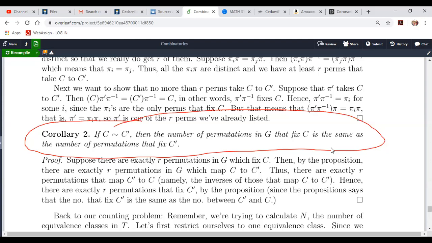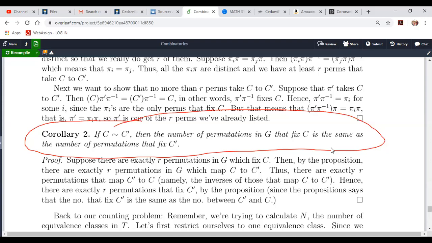Then the number of permutations in G that fix C is the same as the number of things that fix C prime. So we know that if I have R things fixing C, then there are going to be R things that move me from C to C prime. That's already true. But then I'm claiming further that there are also going to be R things that fix C prime itself.